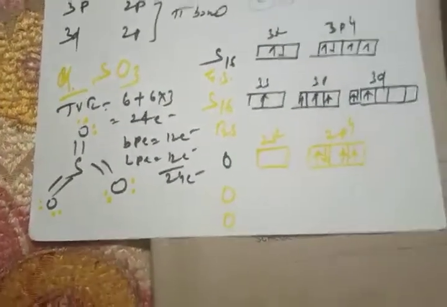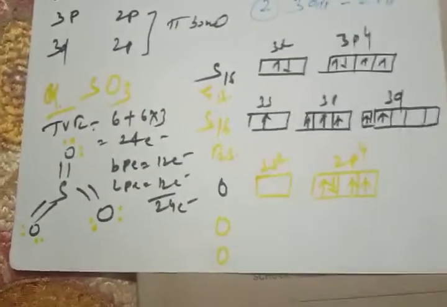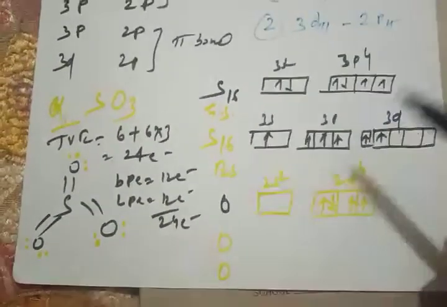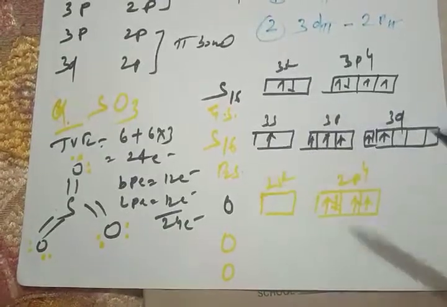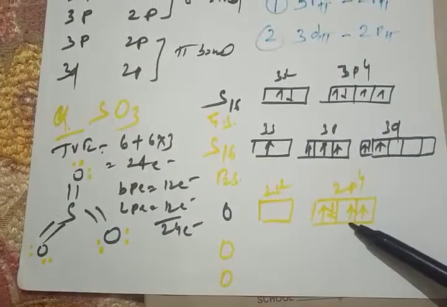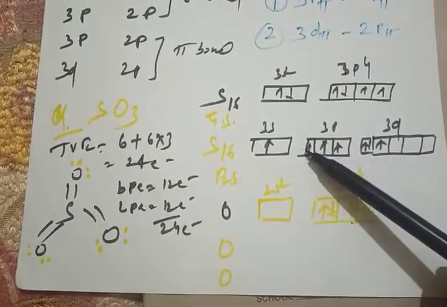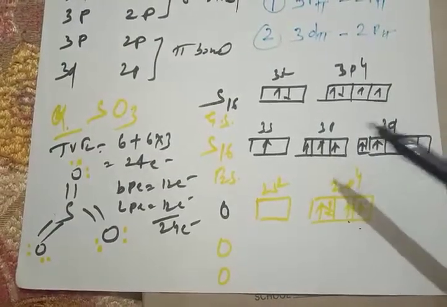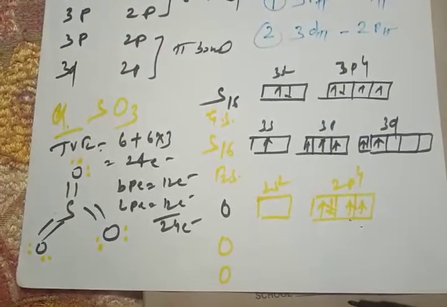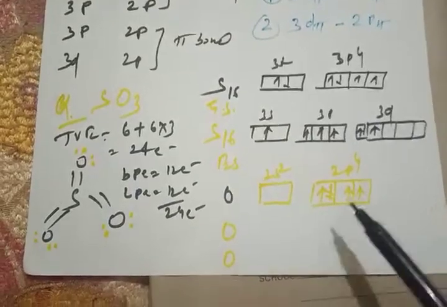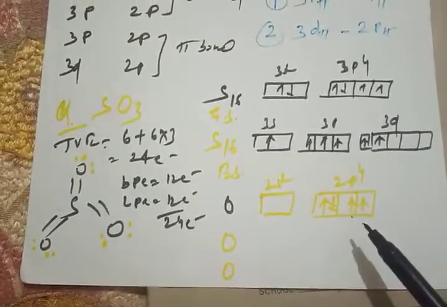So 3 sigma bonds. I'll just give you a quick discussion here. One sigma bond can form by s to p, another from p to p, another from p to p. That means oxygen is only capable of giving you 2p.